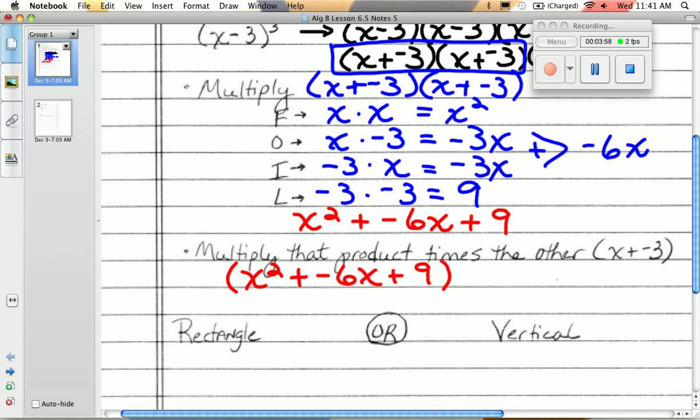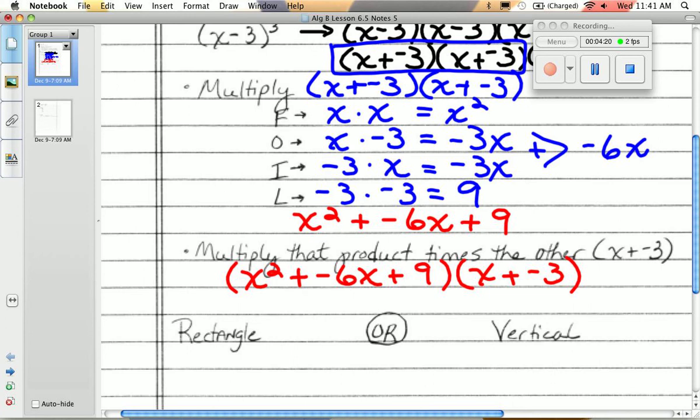That's what happened when we did the first two binomials. That's our answer. And now we still have that other factor of x plus negative 3 hanging out that our trinomial answer has to be multiplied by. Now use the rectangle or the vertical method. Go ahead and you pick which one you're going to use and get that answer.